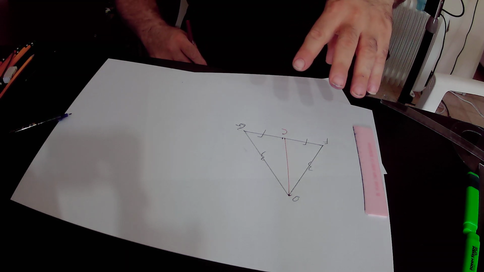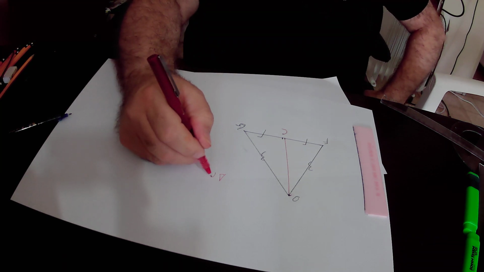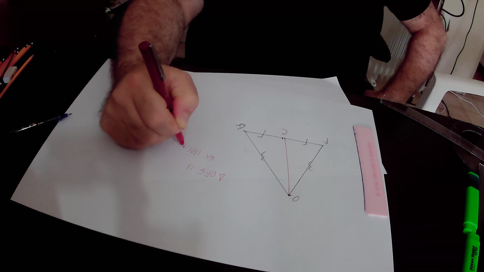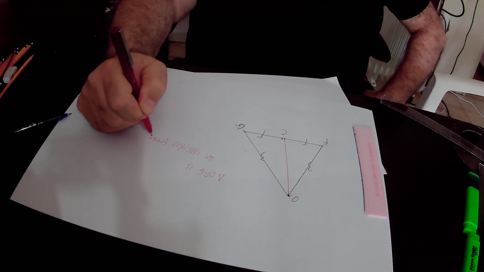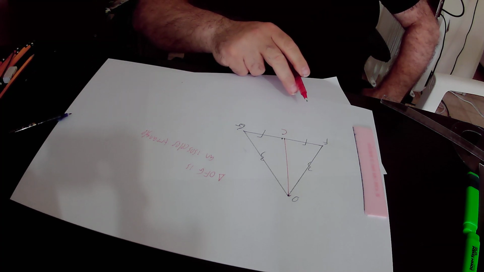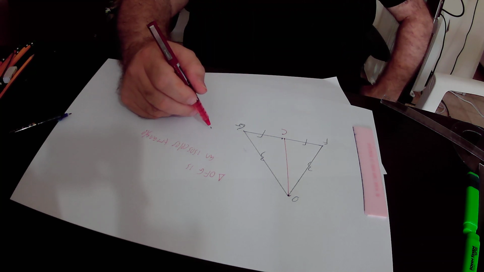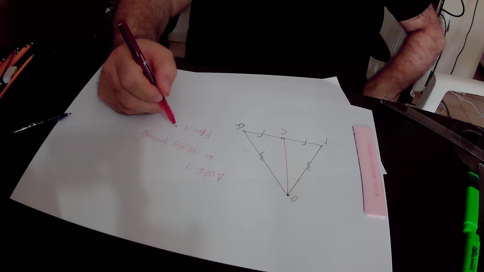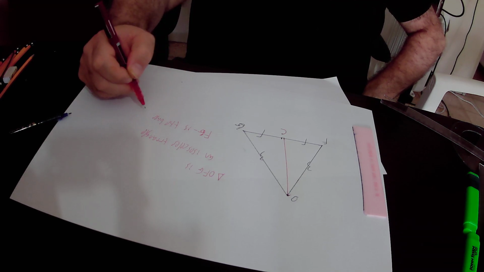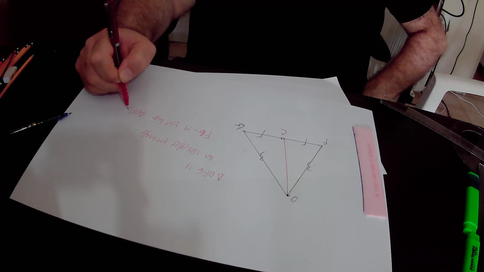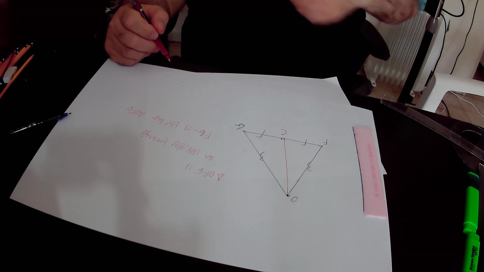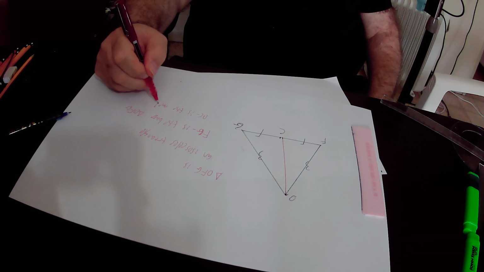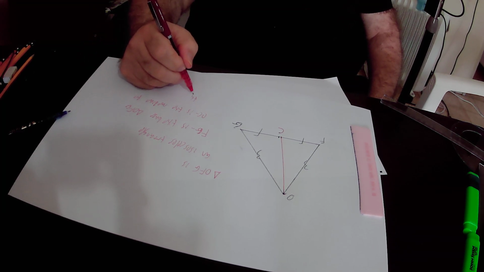We have here an isosceles triangle OFG. The base of the isosceles triangle is FG, and OC is the median to the base FG.